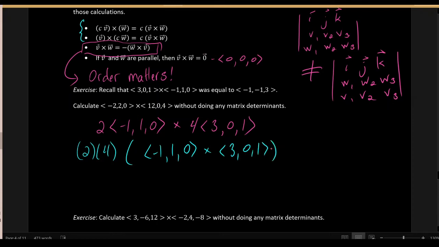Now notice that the order here is the opposite of the order that we used when we did our calculation. So I can flip the order of those two vectors back to what it was before, but whenever I flip the order of the vectors, a minus sign appears.